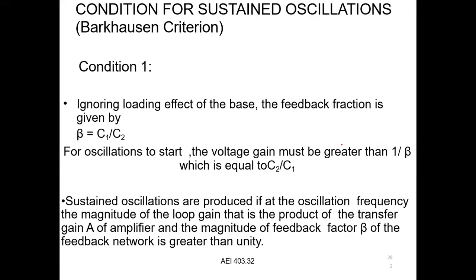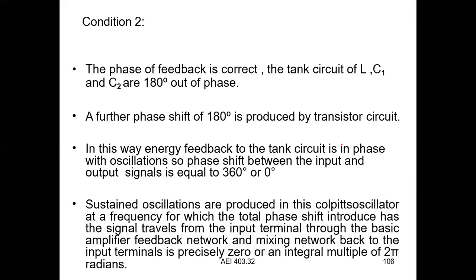For sustained oscillation, that is the Barkhausen criterion. Condition 1: beta is equal to C1 divided by C2. Condition 2: the phase feedback is correct. The tank circuit of L C1 is 180 degrees out of phase, and a further 180-degree phase shift is done by the transistor. Okay. Thank you.